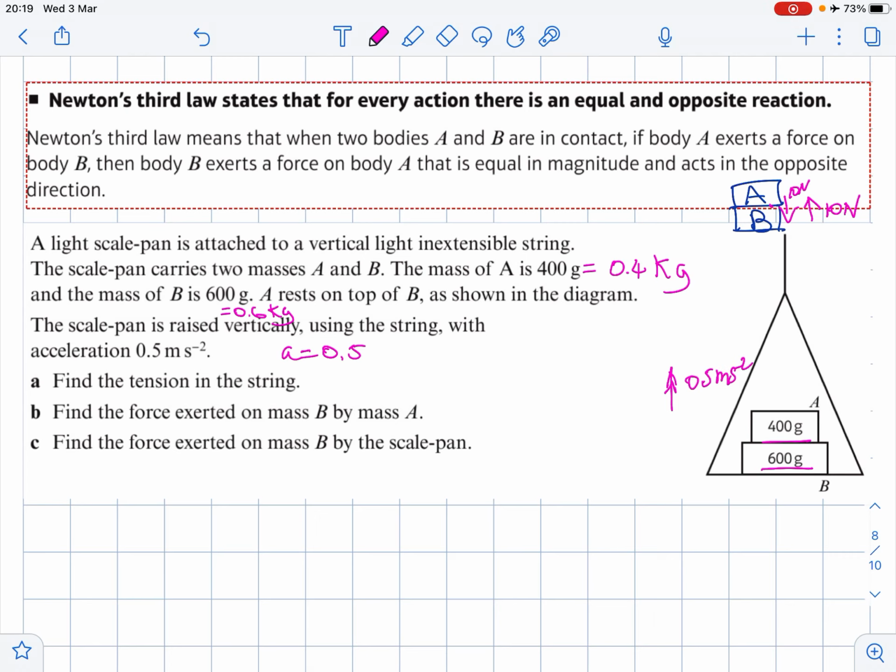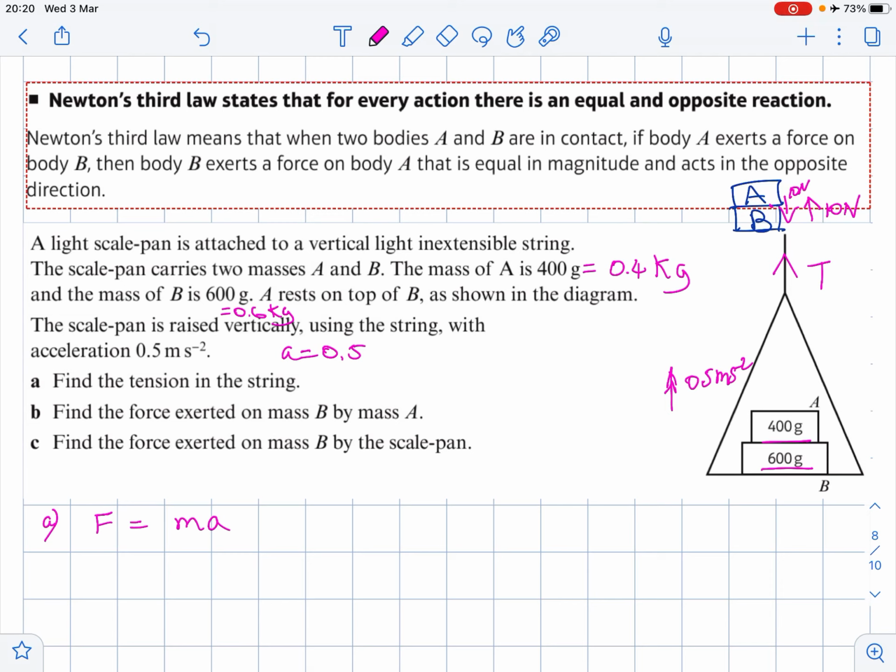So part A, we want to find the tension in the string. Again, just using Newton's second law, F equals ma. We know it's going upward, and the resultant force would be, so call this tension that's pulling the scale up.